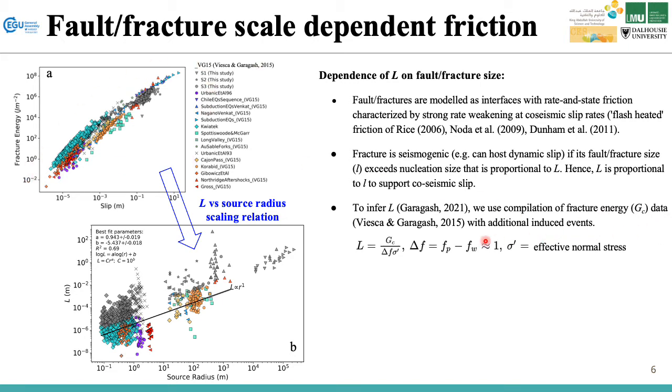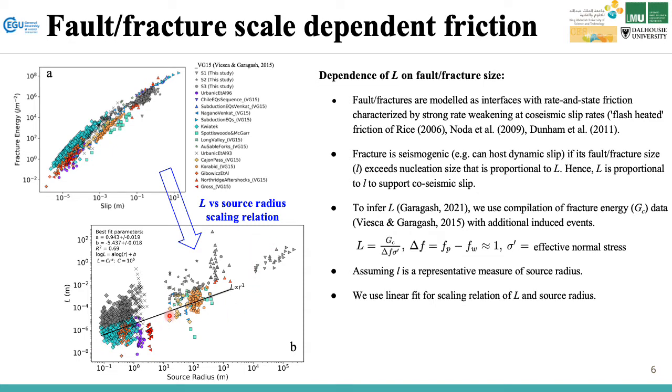By using the relation provided by Garagash 2021, we can translate the fracture energy into characteristic length L, assuming the difference between friction at peak and weakened friction is close to 1 under effective normal stress. Assuming now the fracture or fault size is representative of the source radius, one can find the scaling of L with fault or fracture size.